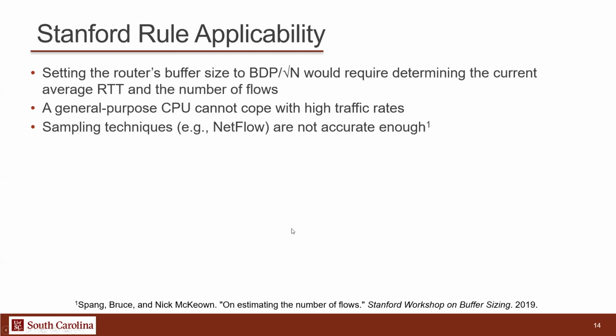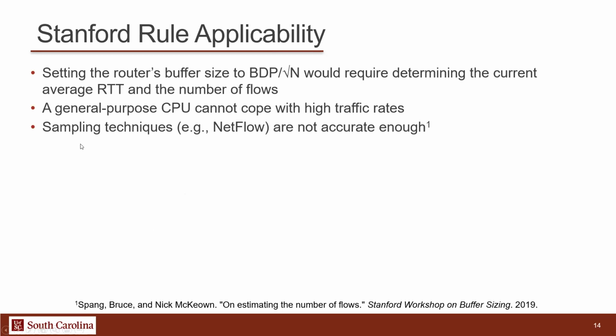Now, if you want to apply the Stanford rule, and the Stanford rule refers to this one here, the idea is we need to determine the number of flows that are traversing our bottleneck link, and also we need to estimate the round trip time. And if we decide to do this in a general purpose CPU, we cannot cope with the high traffic rates.